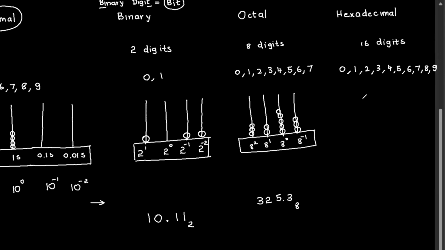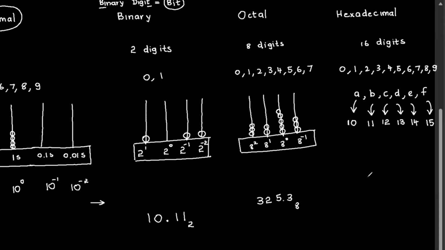So the other digits are A, B, C, D, E, and F. A holds a value of 10, equivalent to 10 in the decimal number system. B holds a value of 11, C holds 12, D holds 13, E holds 14, and F holds a value of 15. This is how the hexadecimal values compare to the decimal values.